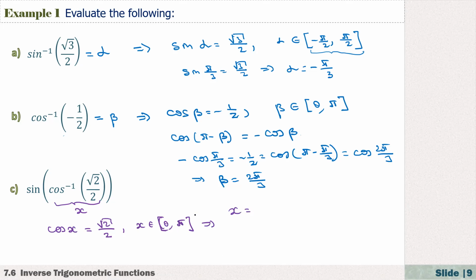This x is equal to pi over 4. We know the cosine of pi over 4 is equal to square root of 2 over 2. So now if I substitute this into the original equation, then here we have sine inverse of square root of 2 over 2, that's equal to pi over 4. So that thing is equal to square root of 2 over 2.